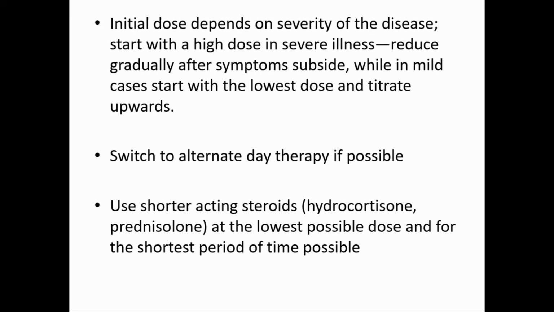Start with a high dose in case of severe illness and reduce gradually after symptoms subside. While in mild cases, the dose should be started with the lowest and titrated upward. In severe infections the dose can be increased initially and decreased gradually afterwards, whereas in mild infection the lowest dose is used and can be increased later on.